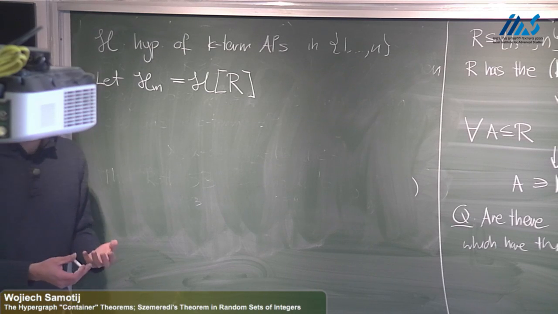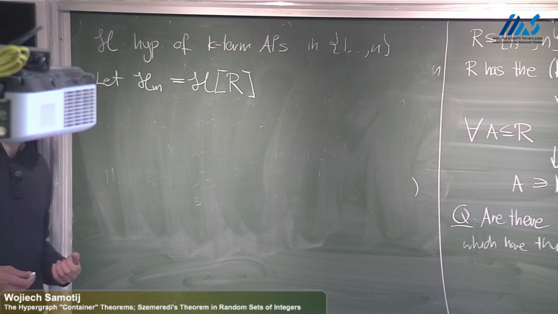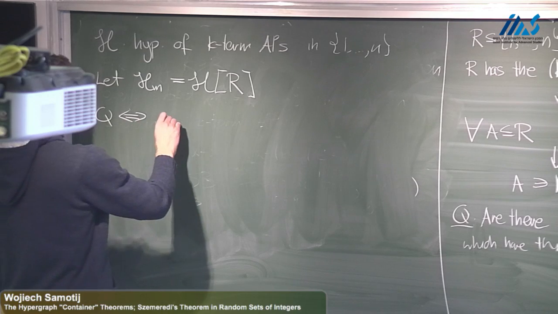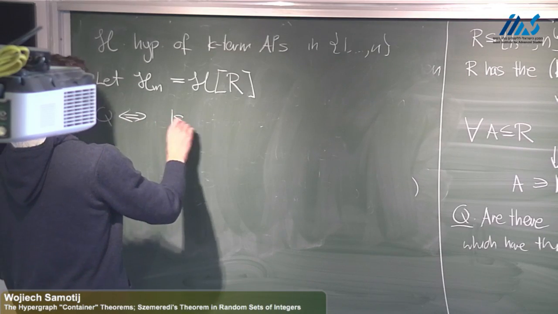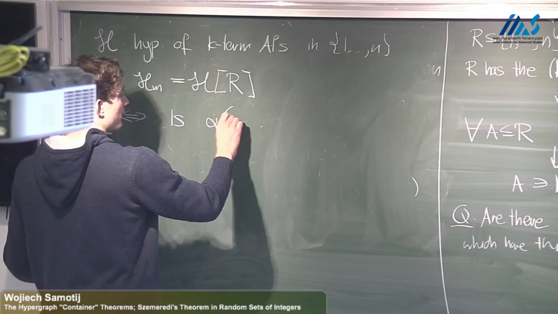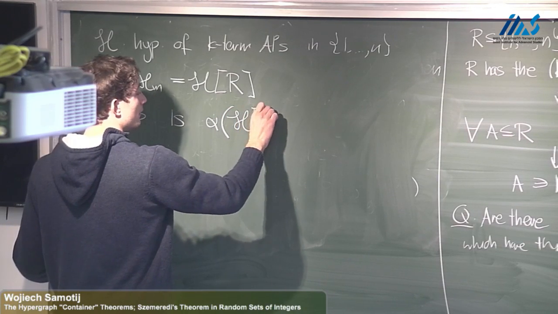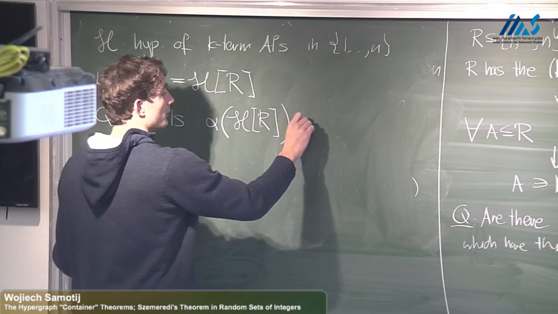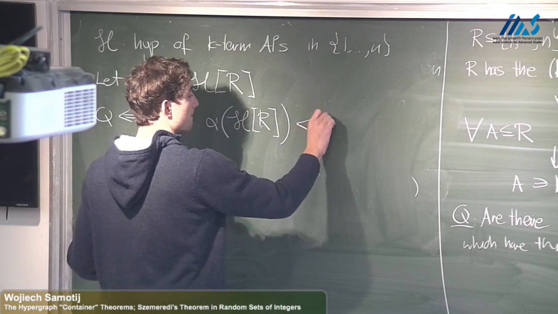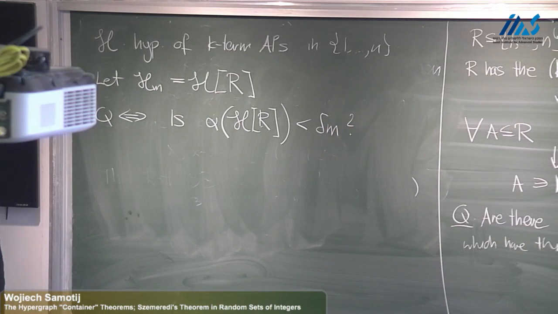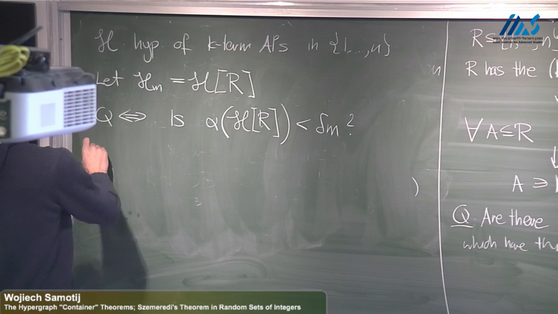Is it larger than delta times m or smaller than delta times m? So this question is equivalent to asking, is the independence number of this H_R smaller than delta m?